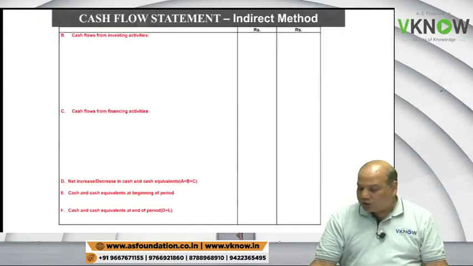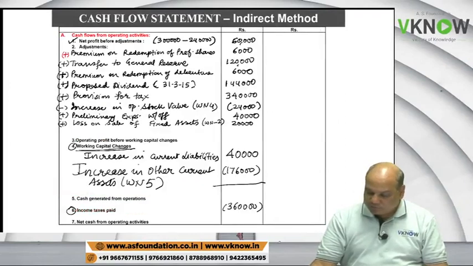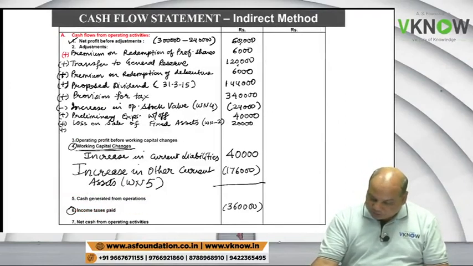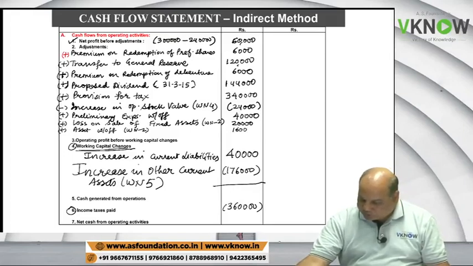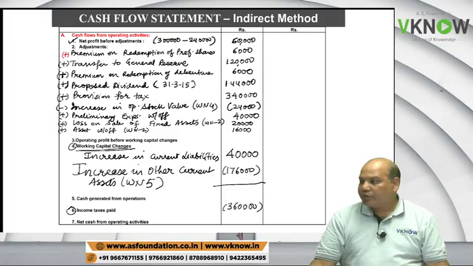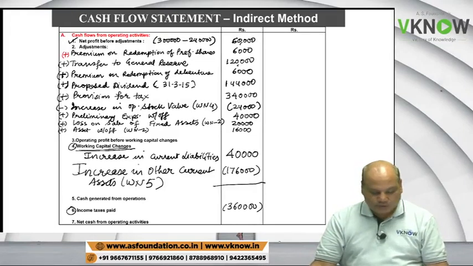And this you will again add back in adjustment. In adjustment, add back asset written off, working note 2, positive number 16,000. We are adding back 16,000.